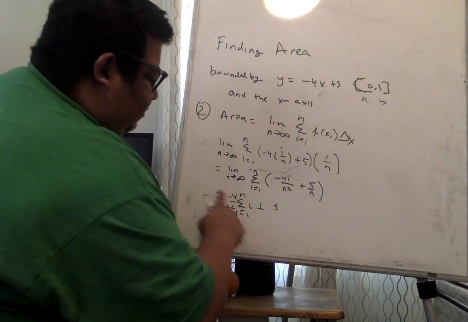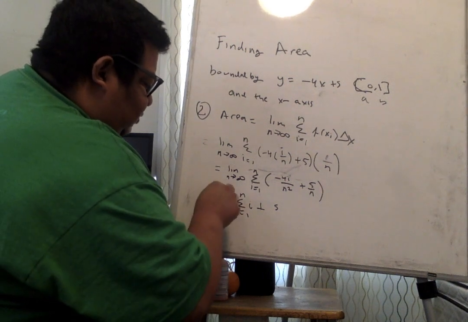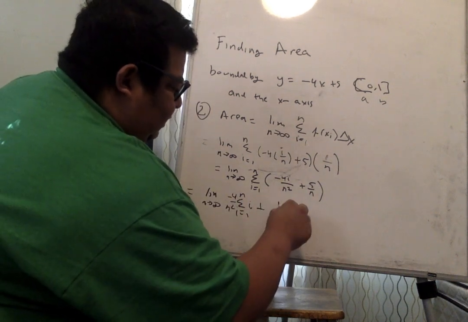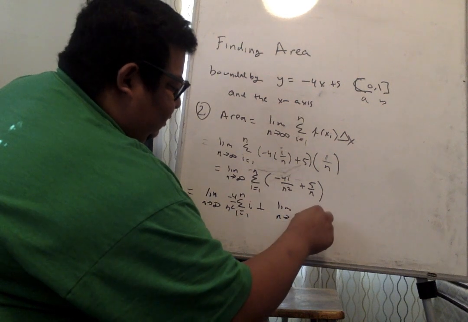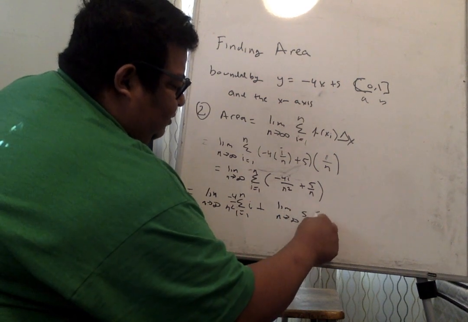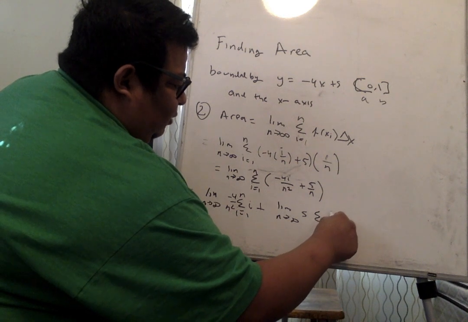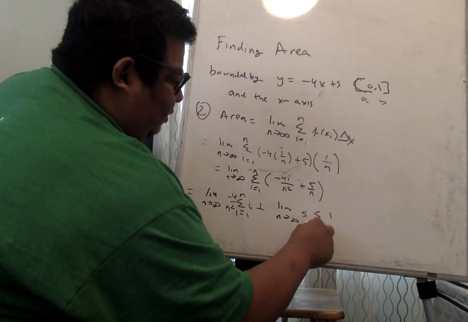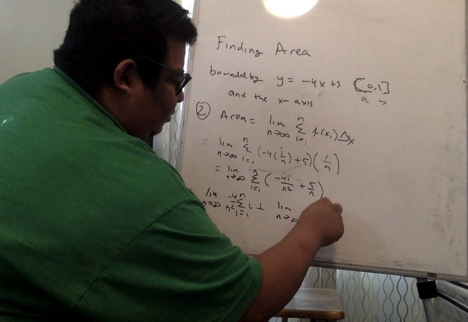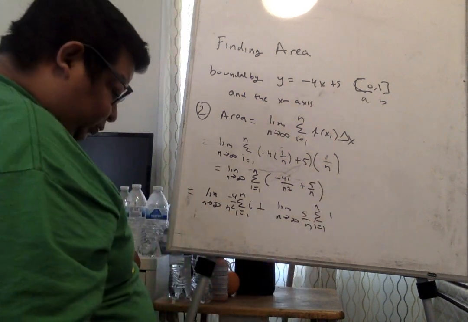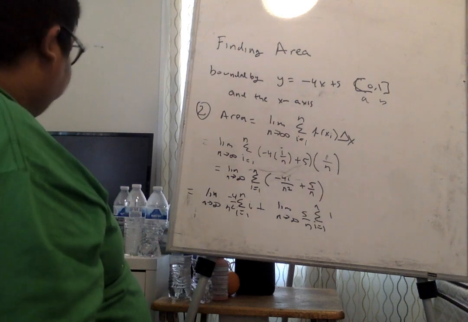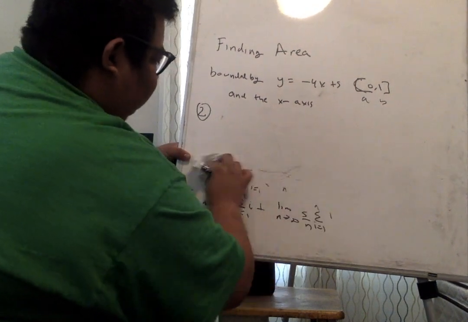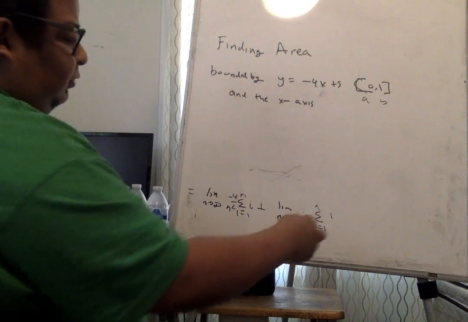Remember, we're taking the limit, so let's put it in: the limit as n approaches infinity of that, plus the limit as n approaches infinity of 5 times the sum of 1, from i equals 1 to n. I'm going to erase here to continue.